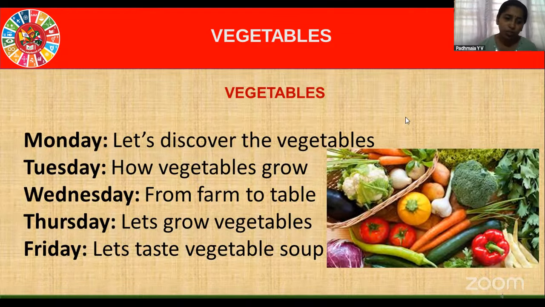I will show you the procedure. Friday, let's taste vegetable soup. When it comes to cooking, of course, here we are showing soup, but it can be any different cooking.